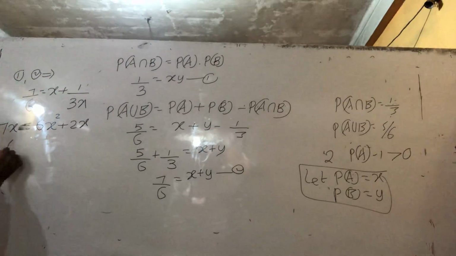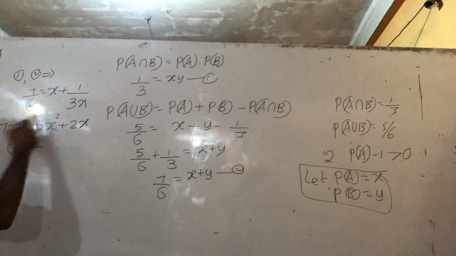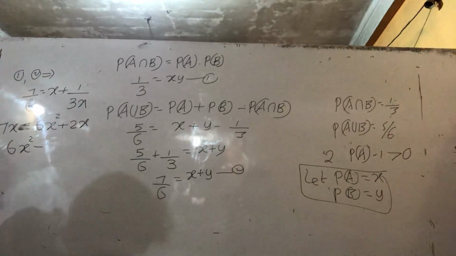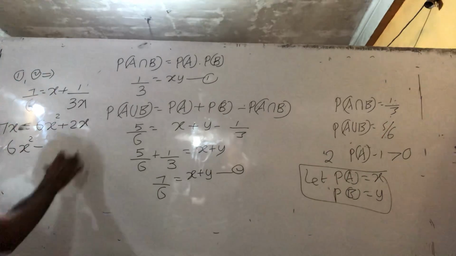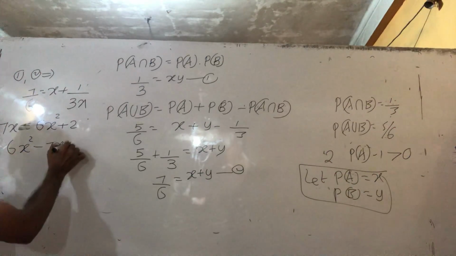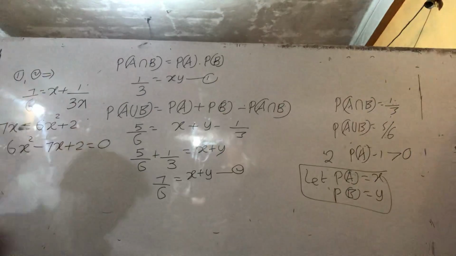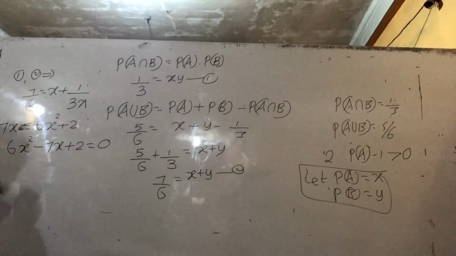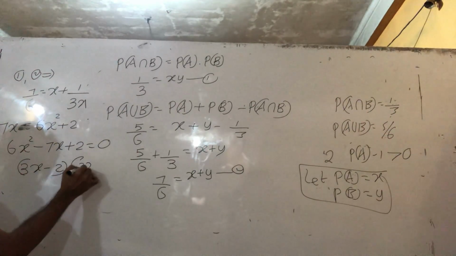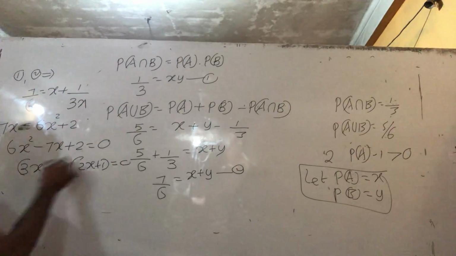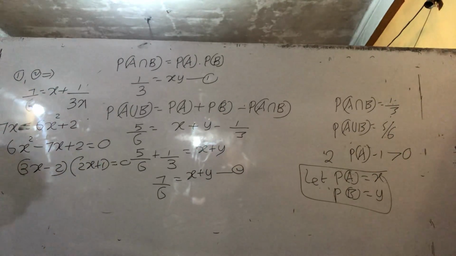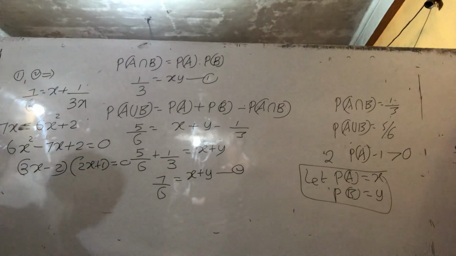Rearrange the quadratic equation: 6x squared minus 7x plus 2 equals 0. Factorize: 3x minus 2 and 2x minus 1.